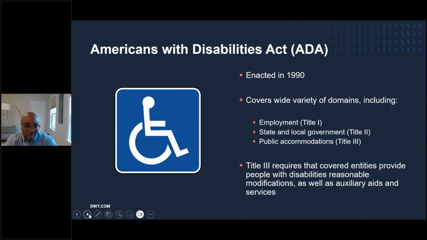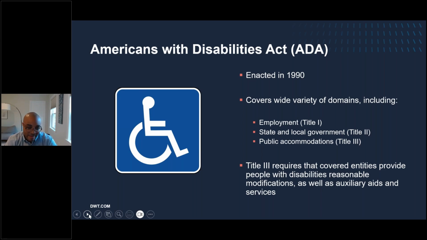The most notable and well-known accessibility law in the United States is the Americans with Disabilities Act, or the ADA. This was enacted almost 35 years ago and intended to ensure broad access to people with disabilities in various domains of American life.